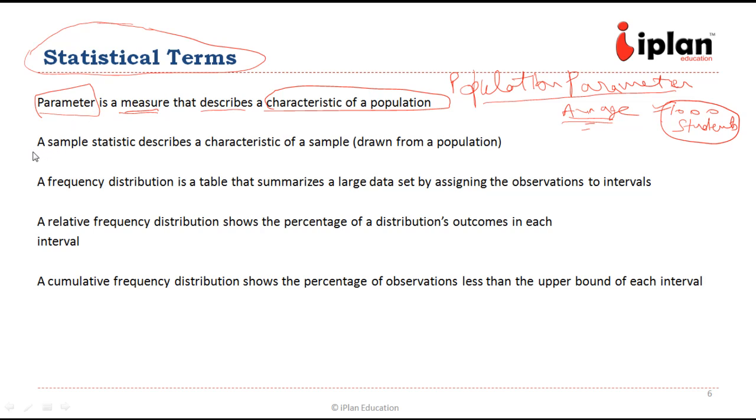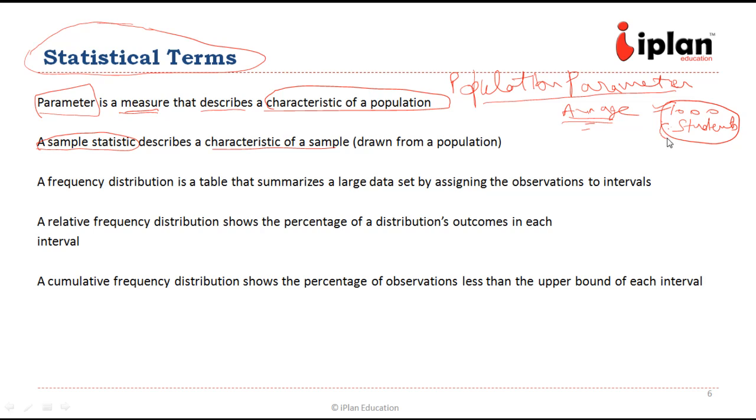At the same time, when we talk about sample statistic, this describes the characteristic of a sample. Sample is drawn from the population, which is subset of the population. For example, these 1000 students were the population.